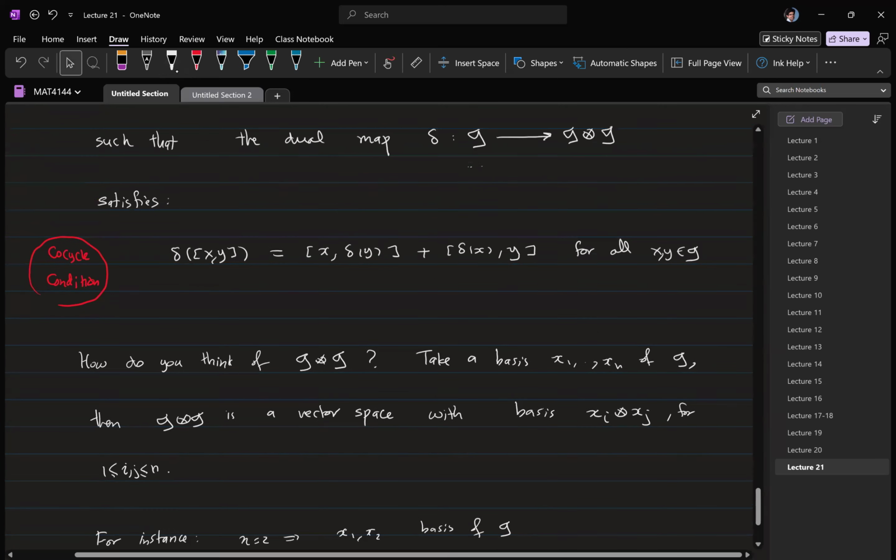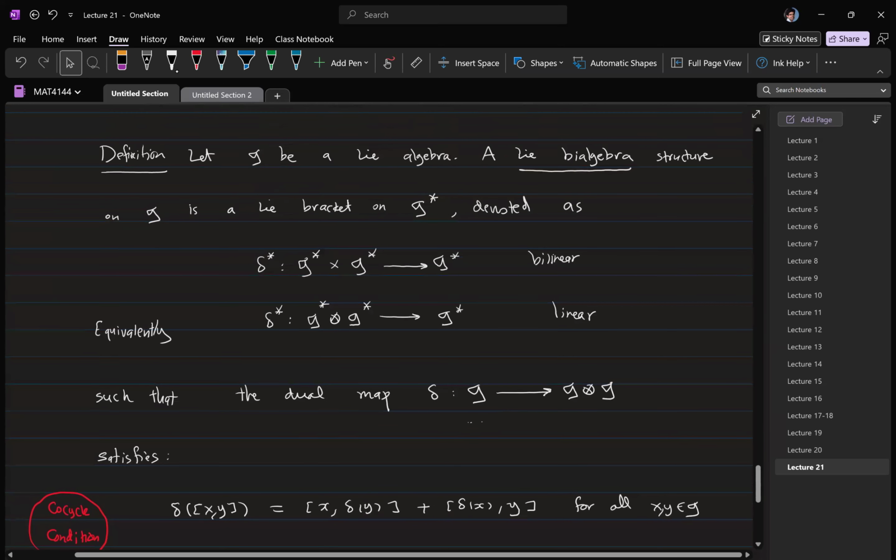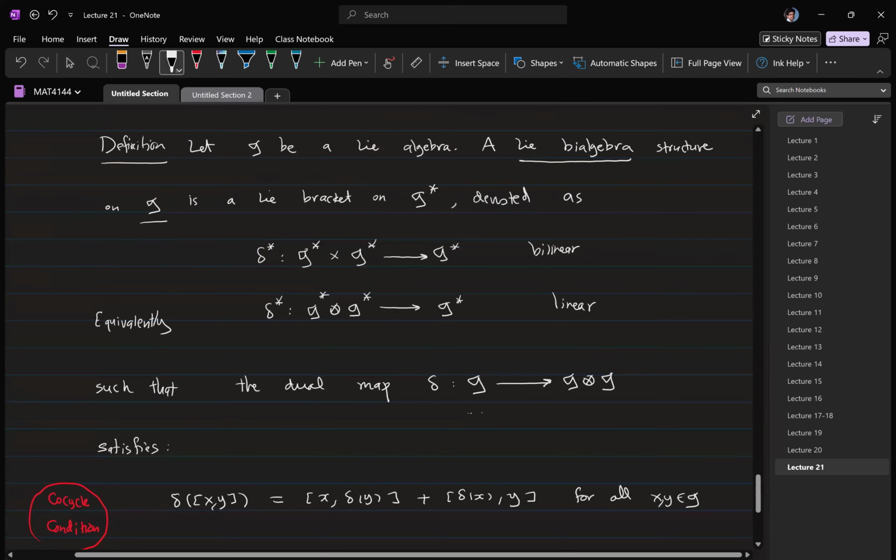Well, G is a Lie algebra, and the Lie bialgebra structure means that, well, we fix G, and then we choose a Lie bracket on G star.